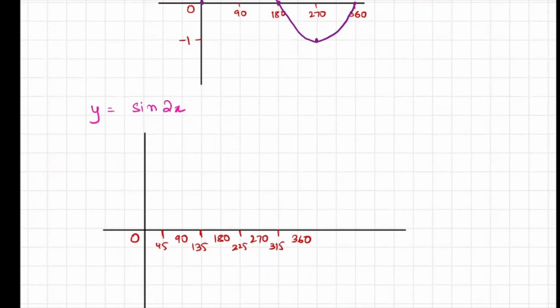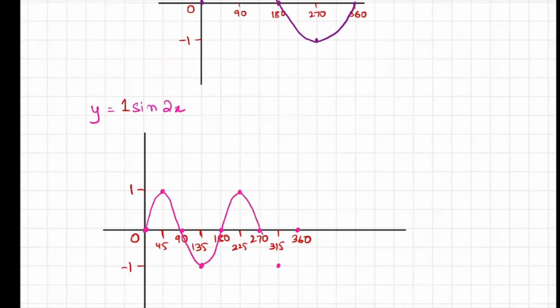And there's 1 over here, so I'm writing 1 and -1. Now just see how simple it is. I start with a 0, go up to 1, come down at 90, come down to -1, then at 180 back to 0, then up to 1, then at 270 down below, and then back again at my axis. So my graph is like this.